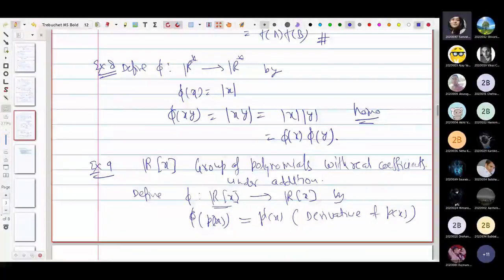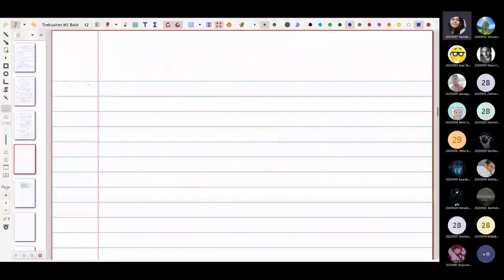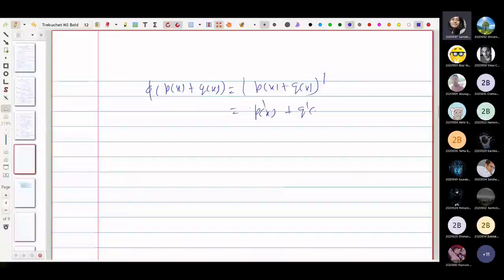Obviously you can verify it, this is easy to verify. Phi of p(x) plus q(x) equals the derivative of p(x) plus q(x), so we have p(x) dash plus q(x) dash.